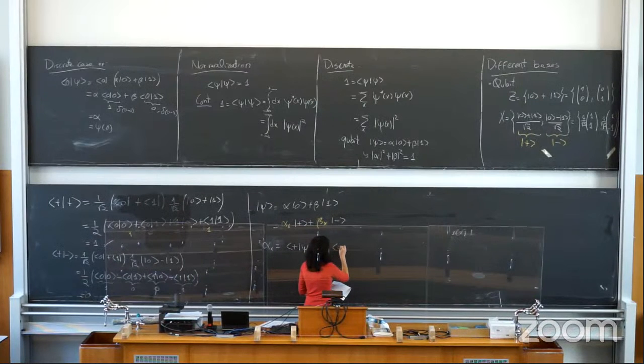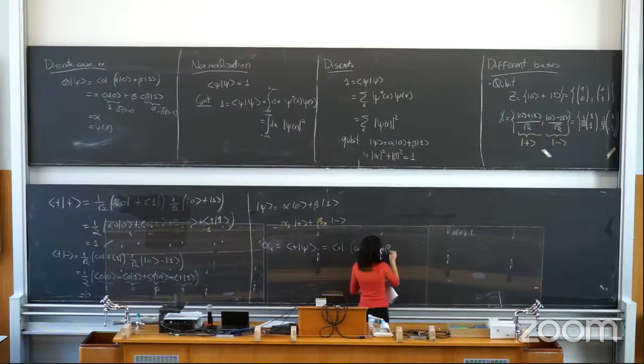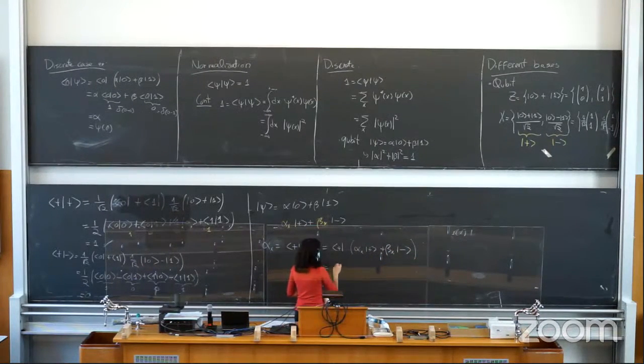So this is plus. And now we just take this state expressed in this form. So this is going to be alpha x plus beta x minus. And again, everything is linear.